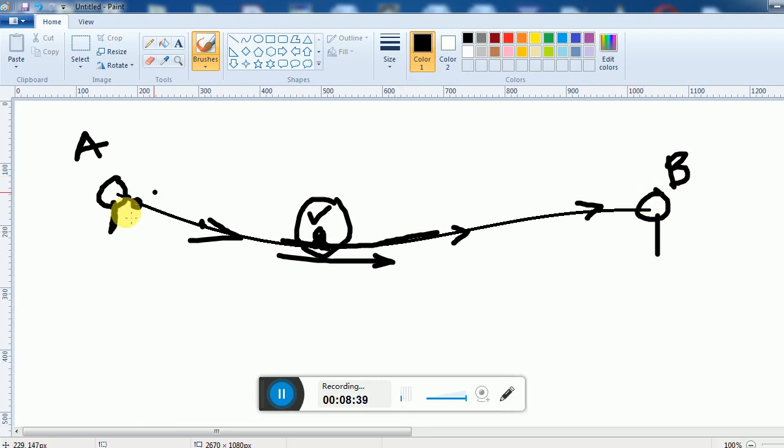Again the same thing. First we find the total distance.